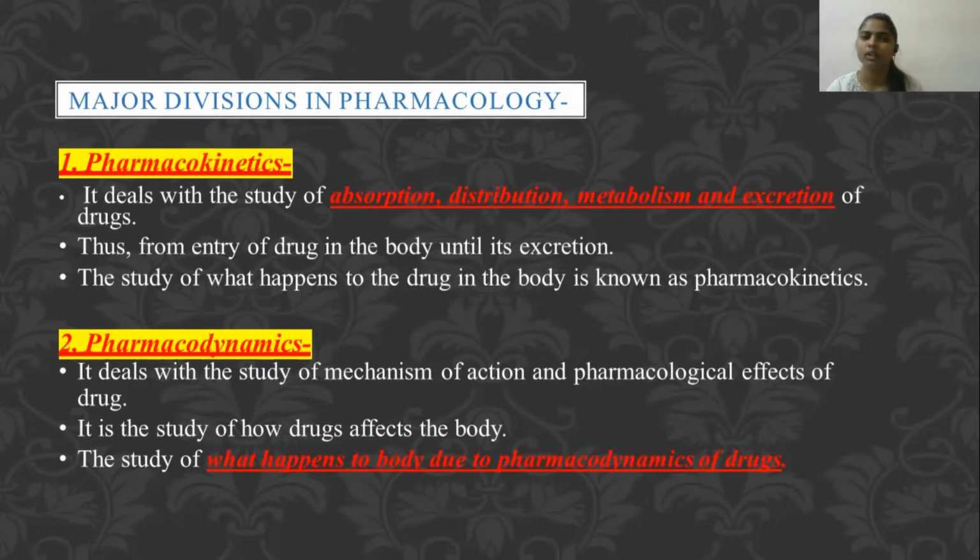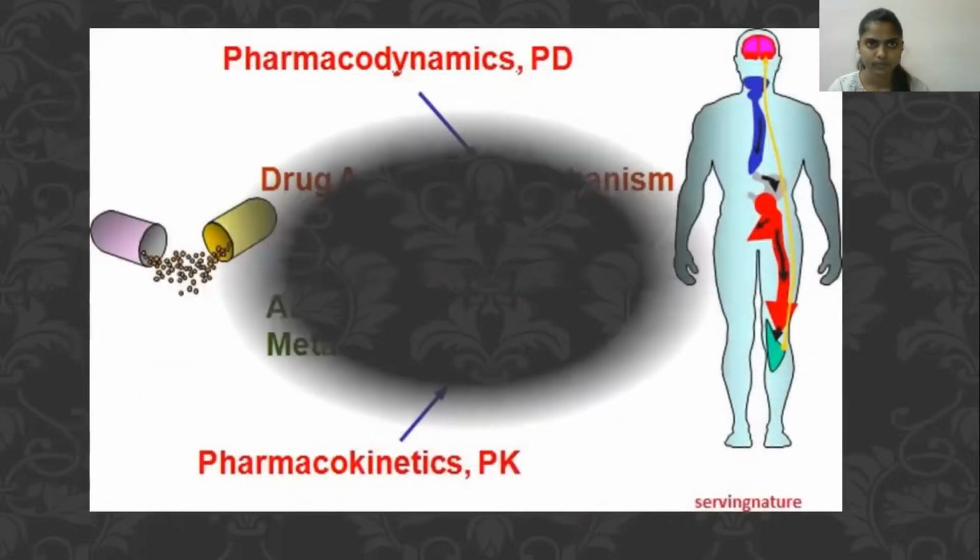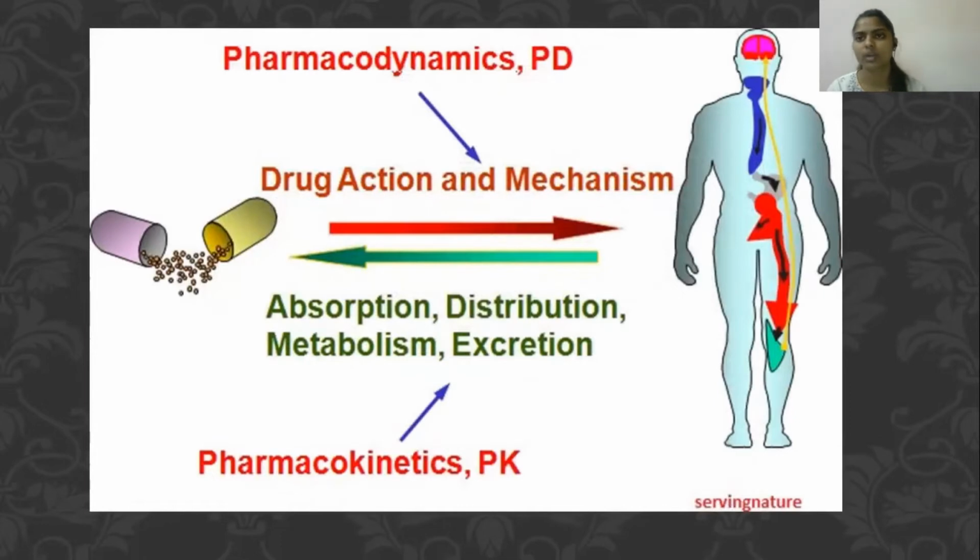That part is included in pharmacodynamics. Pharmacodynamics is known as PD, and pharmacokinetics is PK. In pharmacodynamics, drug action and mechanism of action of the drug are included, while in pharmacokinetics, absorption, distribution, metabolism and excretion occur in different body organs.